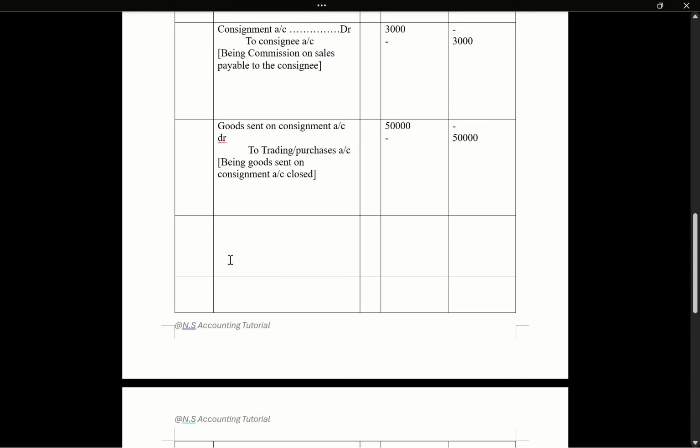Next we have the entry for the profit and loss account on consignment. After doing the entire sum, you will get to know if we got a profit on consignment or loss on consignment. The entry will be, first we will take for the profit.